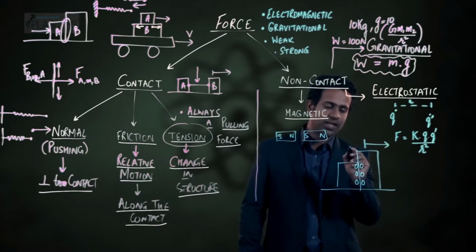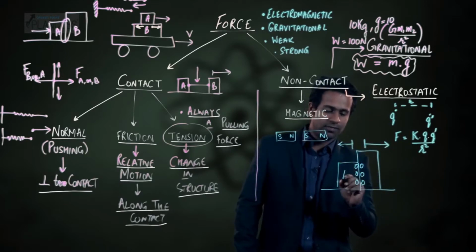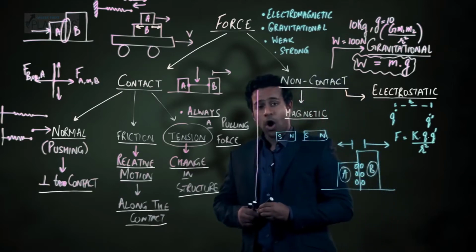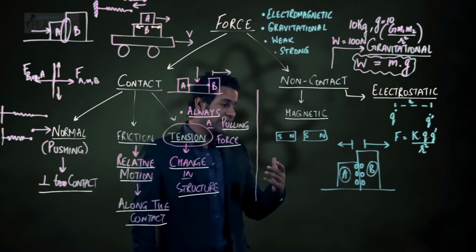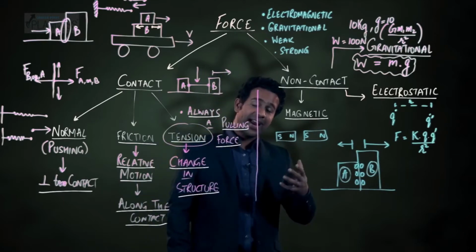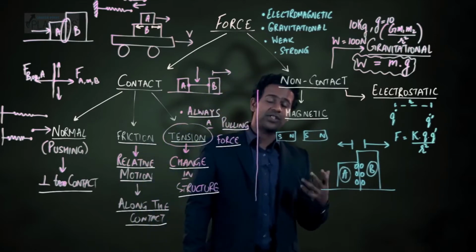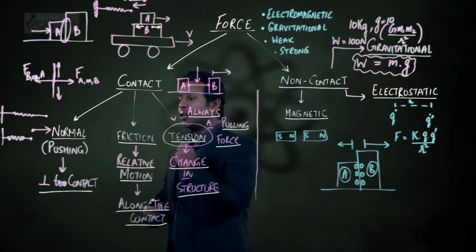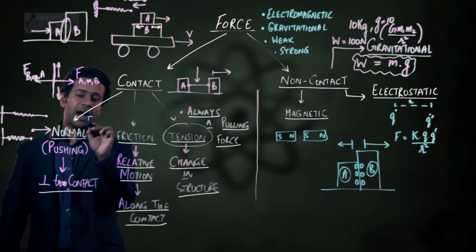And the same force is exerted on the block A. So the normal force that is being exerted gets exerted due to electrostatic repulsion. So we could say that normal reaction is part of electromagnetic force.